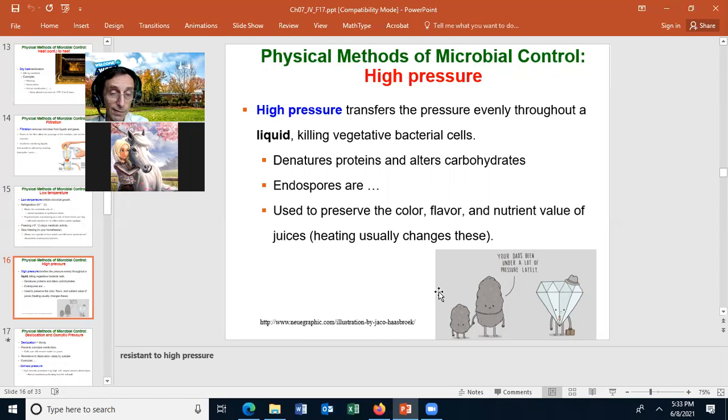And so juice is one of the things which is sometimes treated by high pressure. Sometimes it's treated by high temperature, and sometimes it's passed through a filter. Okay? If the juice tastes close to freshly squeezed, it is either treated with a filter or with high pressure.